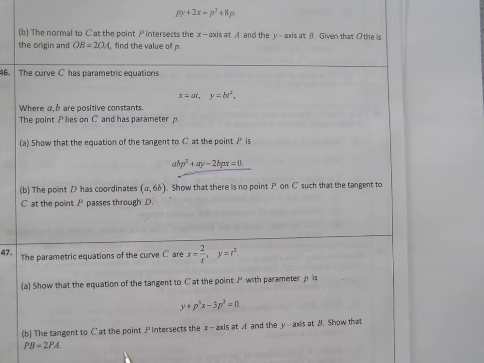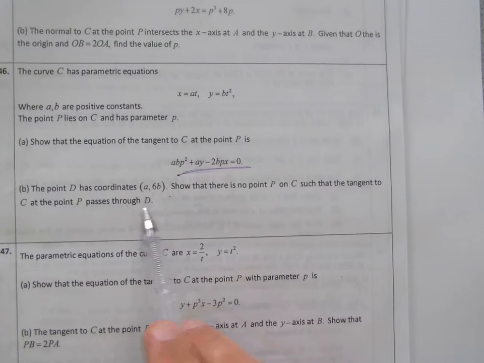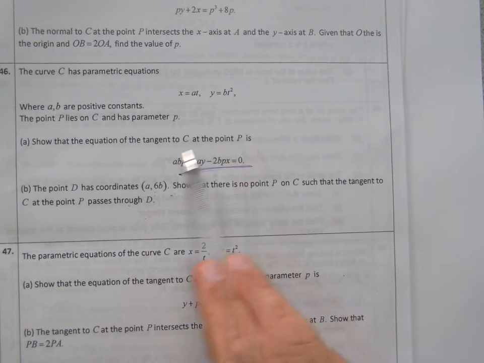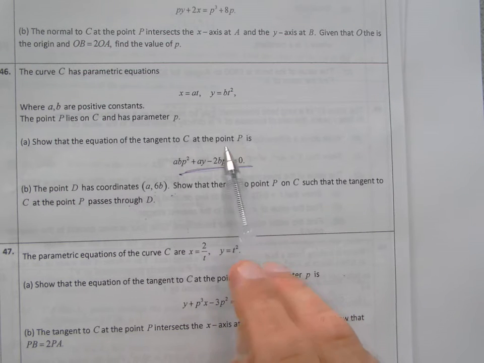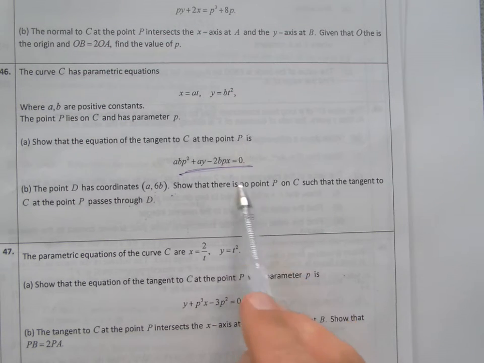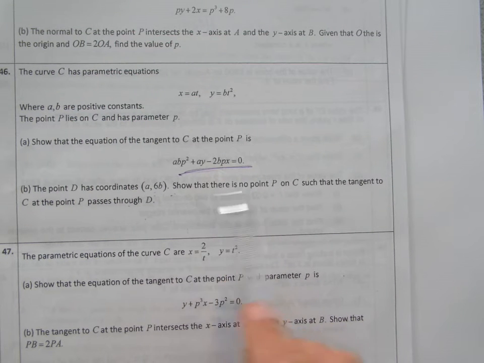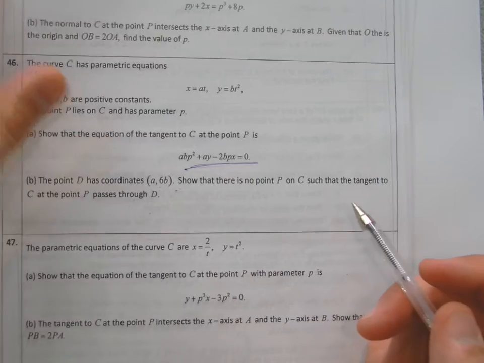If you really stare at that question and think about it, they're saying, show that this won't go through here. Now this represents any tangent to the curve at any general point P where the parameter is little p, and they're just saying there's no point where these tangents will go through this. So what we do is we assume the opposite.